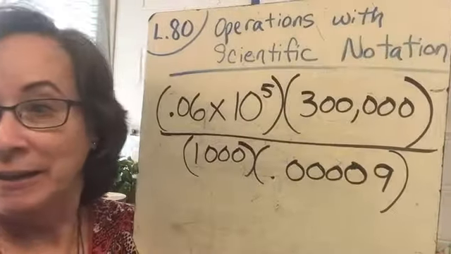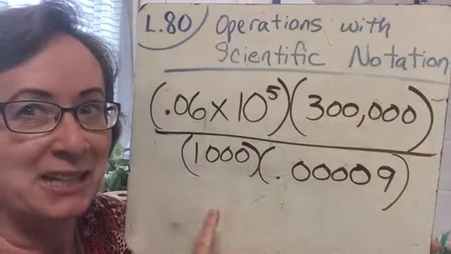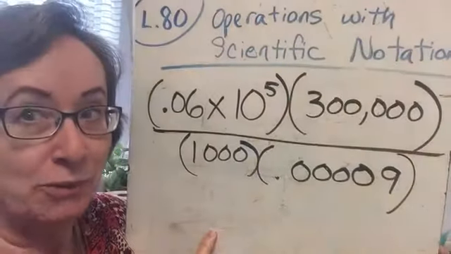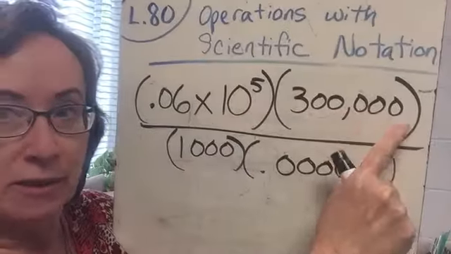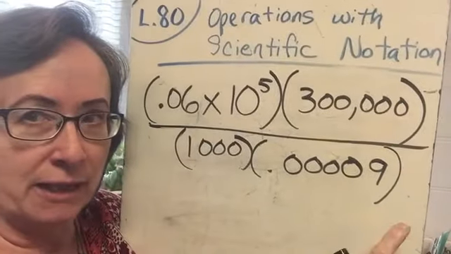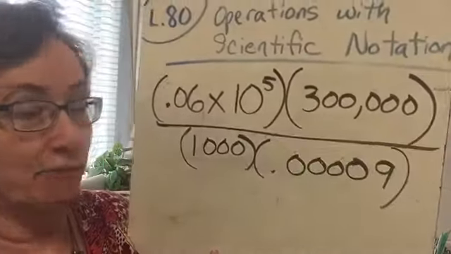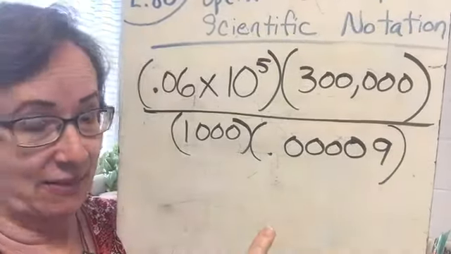All right, so here we are. Okay, so now we're doing multiplication and division at the same time. Now, the rules are going to be the same, but we're going to do everything in the numerator, and then we're going to do everything in the denominator and figure that out, and then we'll divide the two. Now, the first thing we have to do is put all of this in scientific notation.